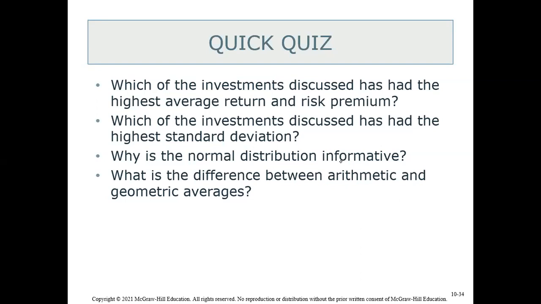So we're just taking a look at the history, the risks, how they're measured, and how they're used to determine return. Okay, so hopefully that will help you with your understanding of the chapter and the calculations that are required for the chapter. So post your questions to the discussion board.